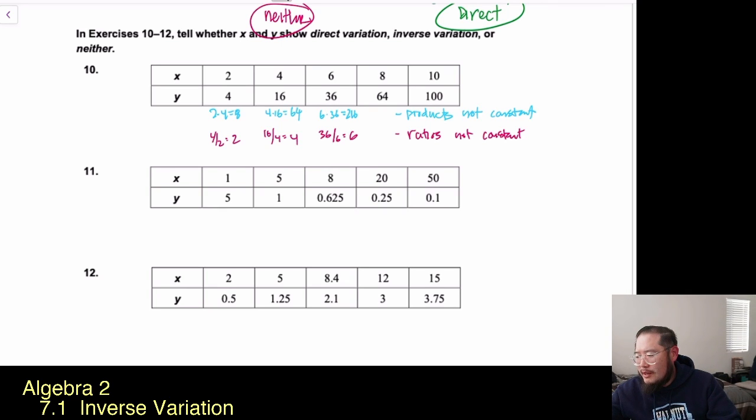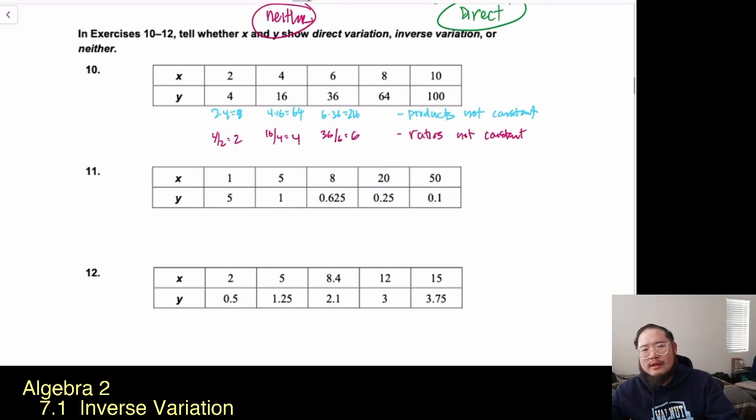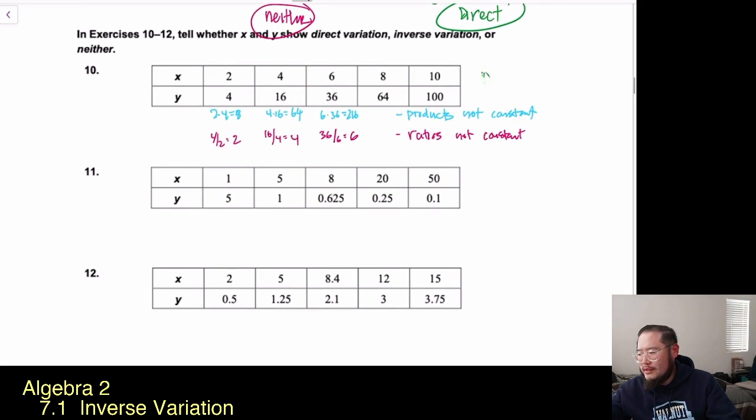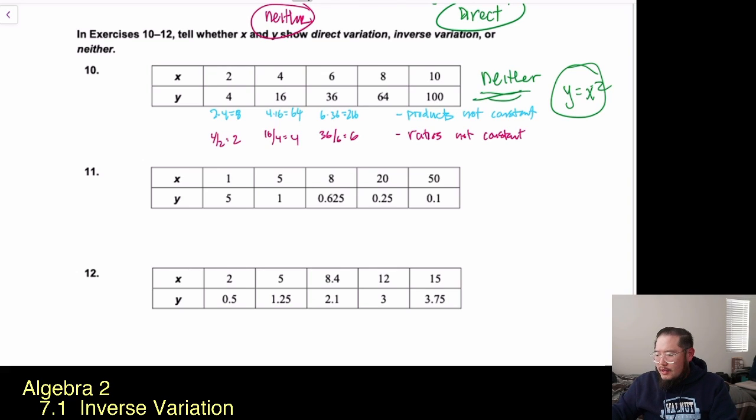They wanted us to somehow figure out that this happens to be an exponential function. So this one right here is neither. What is it? Think about this. y is equal to x squared, right? Something along those lines ends up being our answer. That's what the equation actually is. The real answer is neither, but I can see by the numbers, we end up with an exponential function.